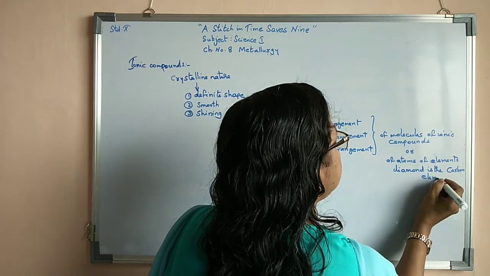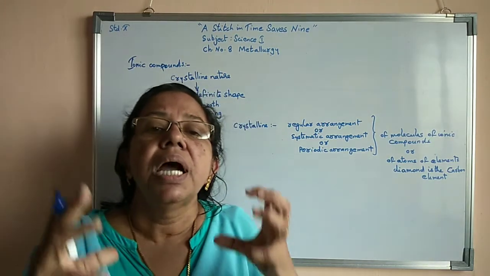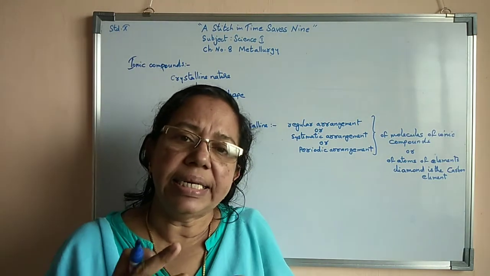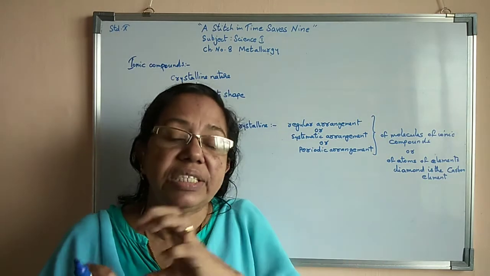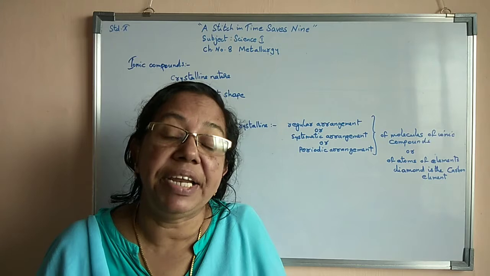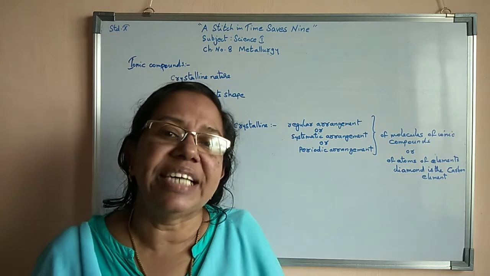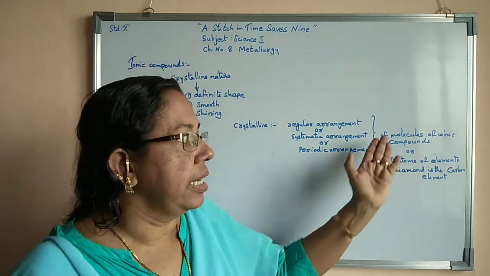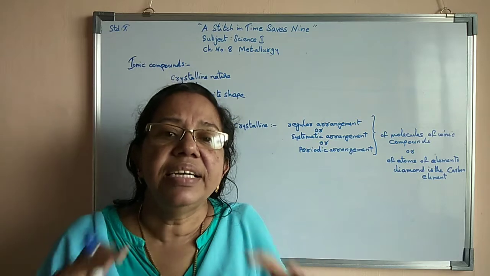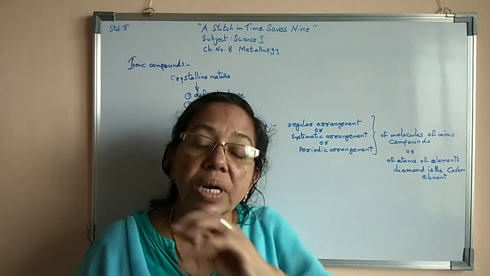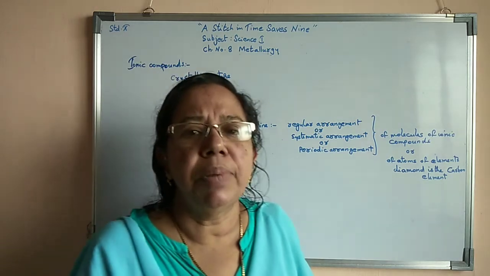The arrangement of atoms present in the diamond also has a fixed, definite pattern of arrangement. So diamond is an example of a crystal. Similarly, the molecules of all ionic compounds are arranged in a regular, systematic pattern. I will show you one example now.